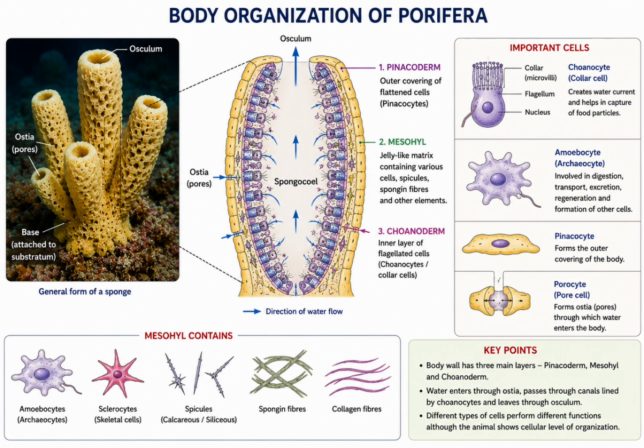And the porocytes is responsible to form certain incurrent pores in many sponges. The great importance of these cells is that different cells perform different functions, even though the animal does not have any true tissues. So just imagine how much specialized this organism is.